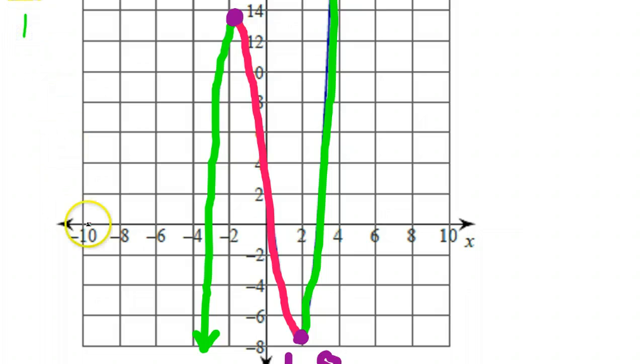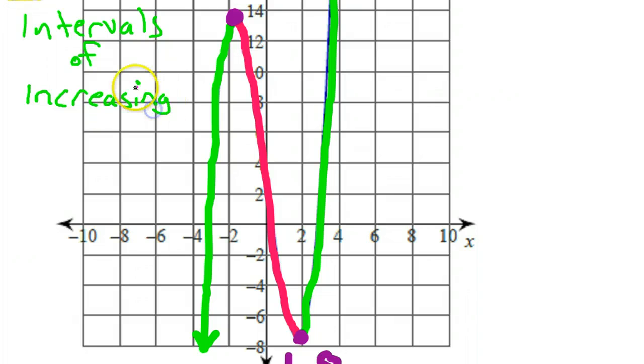So intervals of increasing. Hopefully you can see there are 2 of them. There's one here and there's one here, both shown here in green. So since we're doing the x values, look at this first green branch and ask yourself, how far to the left does it go and how far to the right does it go?